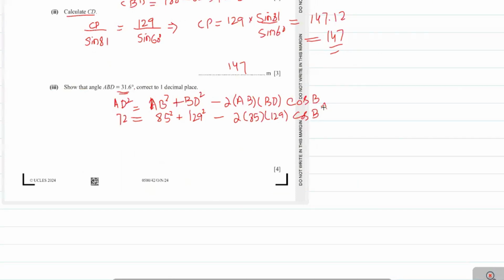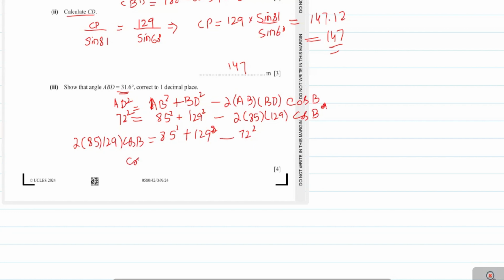If we shift the cos B term from right to left side, this becomes 2 into 85 into 129 cos B equal to 85 squared plus 129 squared, and this 72 squared we shift from left to right, this becomes minus 72 squared.